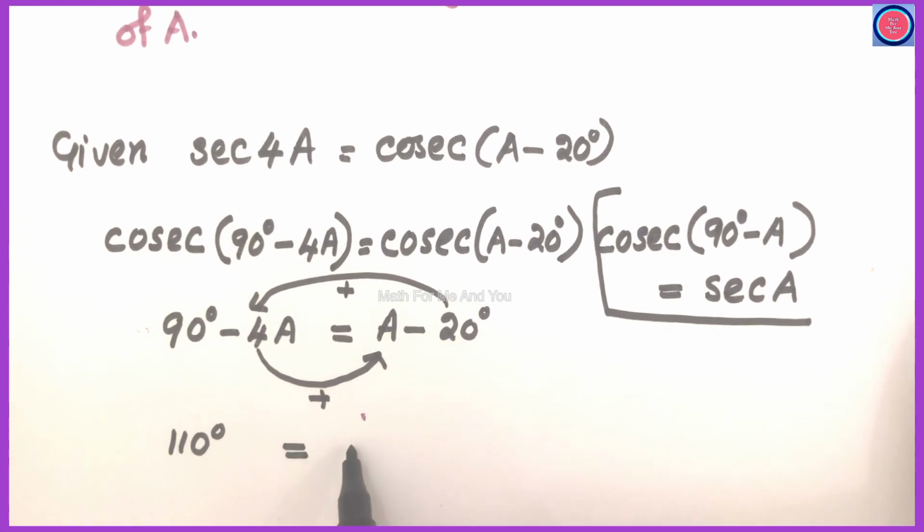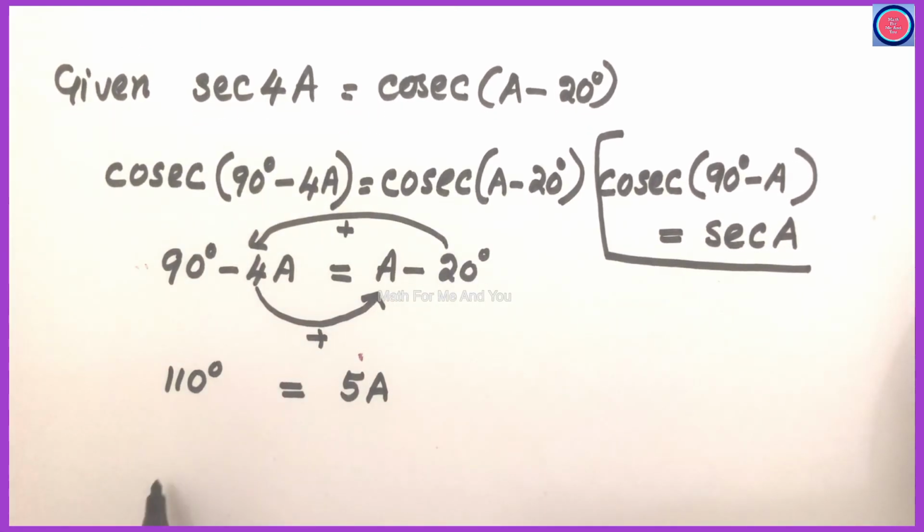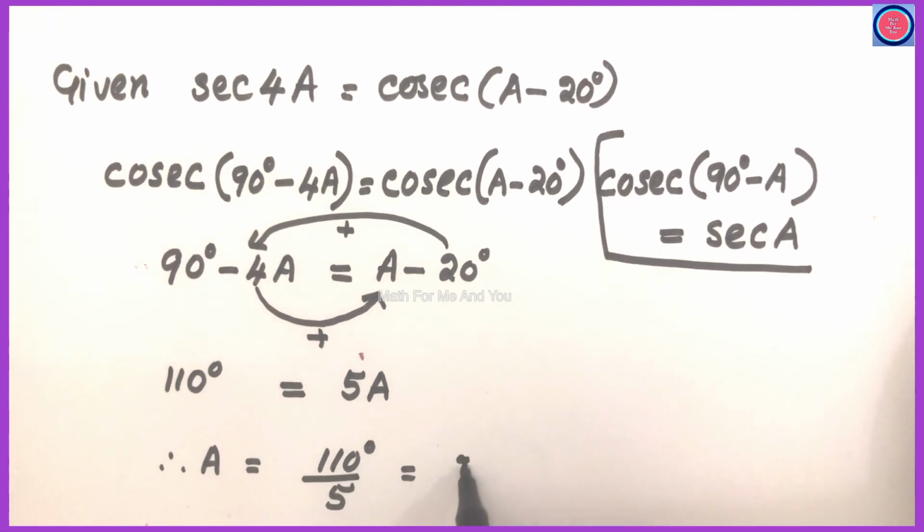So now we get 90 plus 20, that is 110 degree, is equal to a plus 4a, that is 5a. 5a equals 110, therefore a equals 110 degree divided by 5, that is equal to 22 degree. Here we get the answer for a is 22 degree.